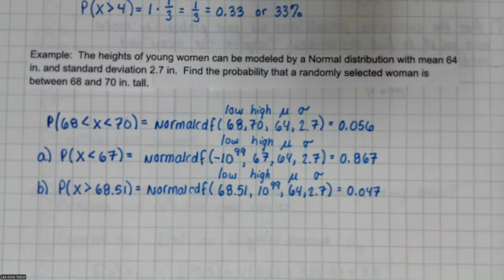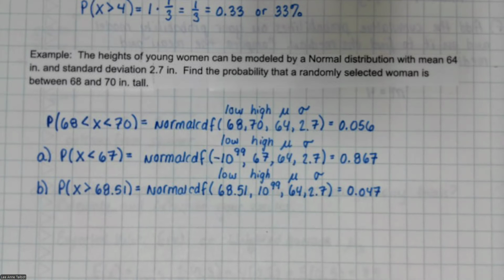Okay, now I want to say one more thing real quick, and it's something I told you in chapter 2, but I want to say it again because you'll probably forget. It does not matter on these problems if it's greater than or greater than or equal to. Do you remember that they were talking about an area? The boundary doesn't have any area. So if your problem says greater than or equal to, or less than or equal to, it's not going to change the problem at all because the line doesn't have area.